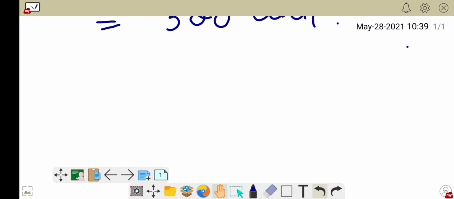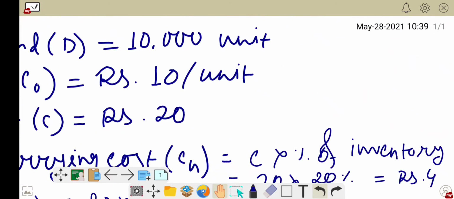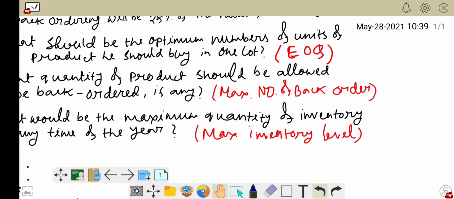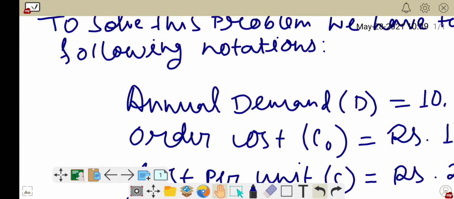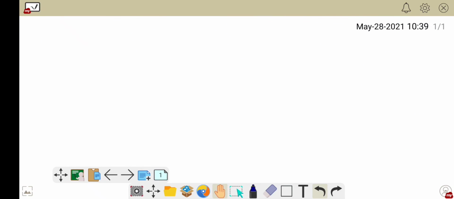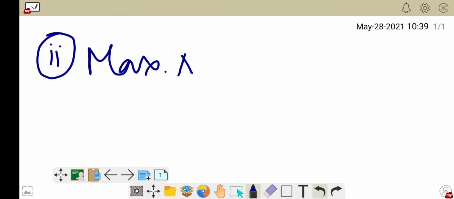Now we will calculate our second requirement, that is the maximum number of back orders.